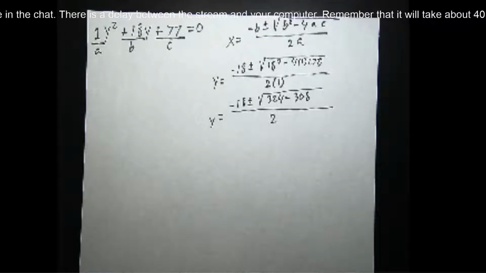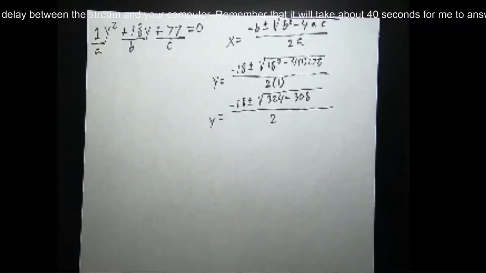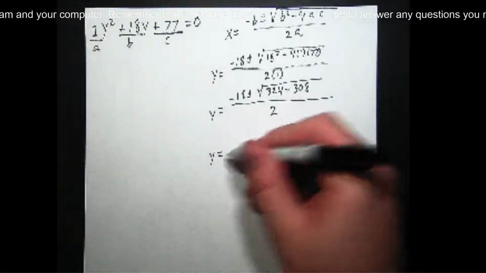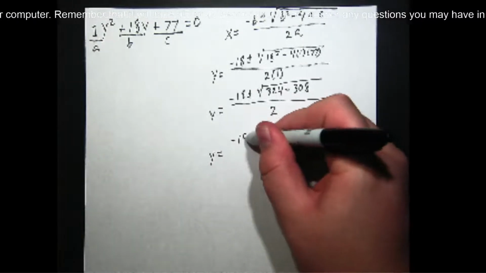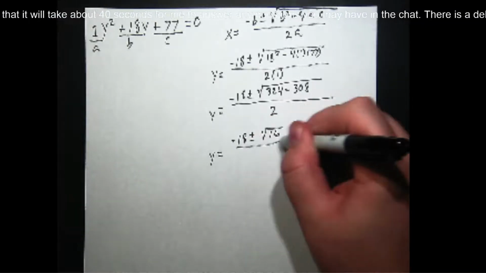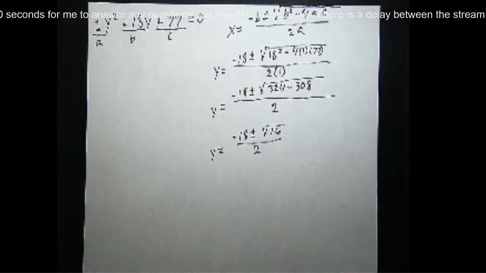Simplify it a little bit further. 324 minus 308 is 16. So now we have y equals negative 18 plus or minus the square root of 16 all over 2. Of course, the square root of 16 is 4.